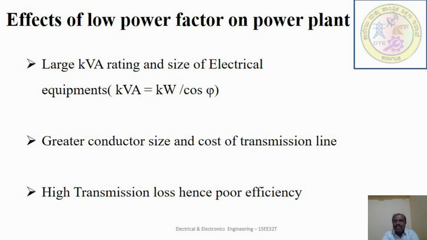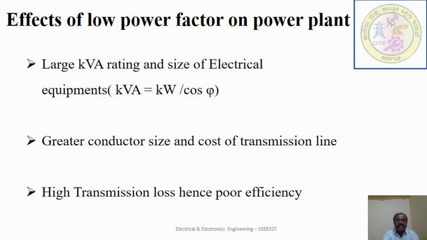To transmit or distribute a fixed amount of power at constant voltage, the conductor will have to carry more current at low power factor. You should remember, if the power factor is less, the current drawn by the loads is higher. So for that, it is necessary to use large size conductors.